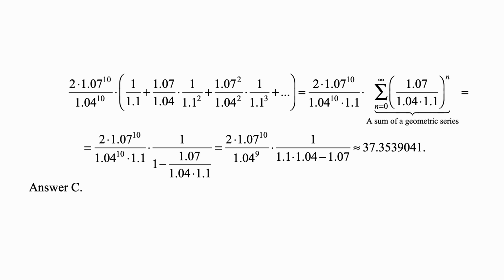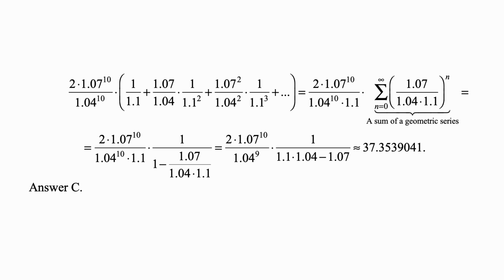And then next year again increase by the same factor, and reduction in allocation per share by the same factor, and now discounting for 1 more year, but it's basically the same pattern. Now we factor out 2 times 1.07 to the 10th over 1.04 to the 10th times 1.1, and the expression in parentheses, once you factor out 1 over 1.1, it becomes a geometric series, starting with 1, with a ratio of 1.07 over 1.04 times 1.1.